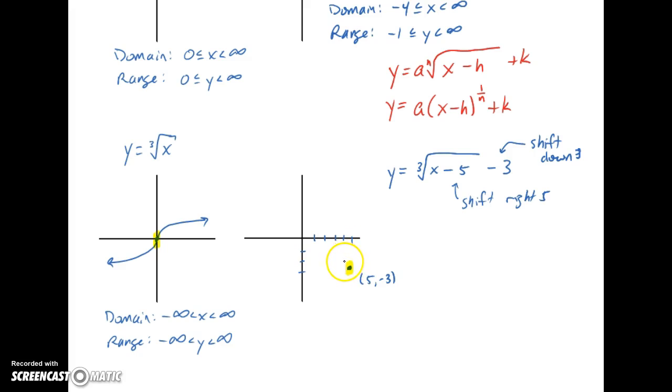And then I'm just going to pretty much rough in the function again, and it looks something like that. And again, since it keeps going, the arrows go in both directions, left and right. They're also heading up and down, although not very steeply at all. The domain is still from -infinity to infinity, and the range is also -infinity to infinity.